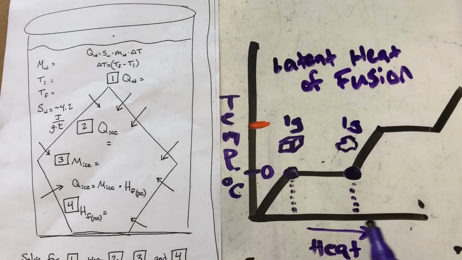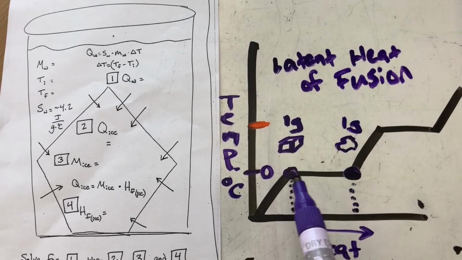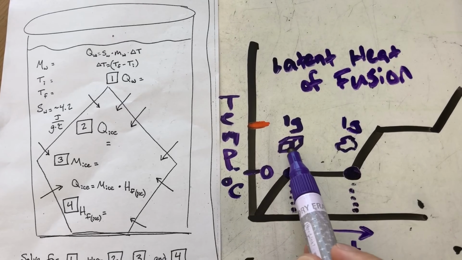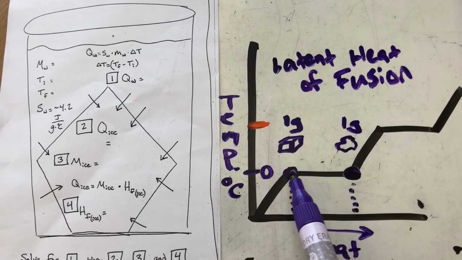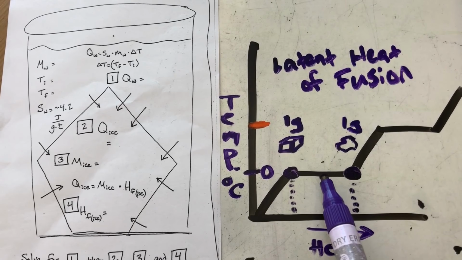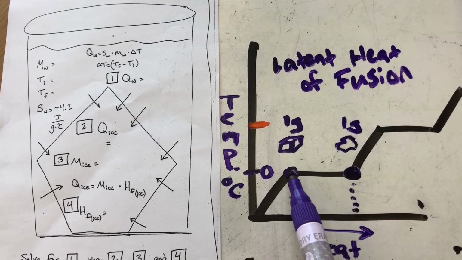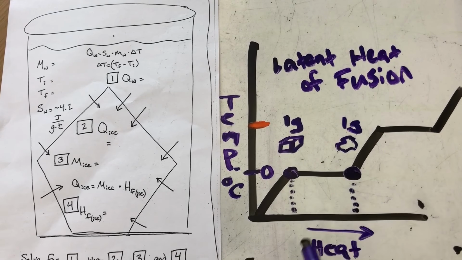It's the total amount of heat required to go from there to there through the entire phase change. If you go from solid and you melt it halfway, you get here, that's not considered latent heat of fusion. That's part of the latent heat of fusion. You've added a certain amount of heat, but it's not considered the latent heat of fusion. Okay, so the full phase change is really important.